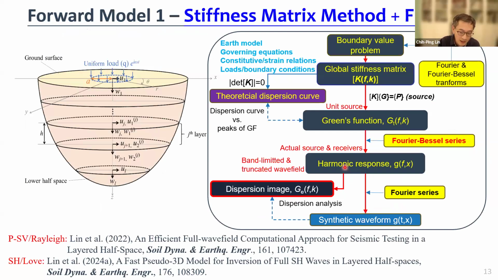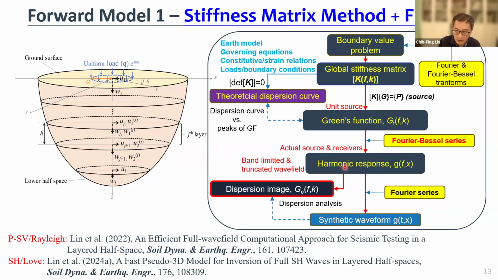It's already a very classical problem, but we want to re-examine it, because if we want to take advantage of the full wave field, the actual dynamic response, instead of just the normal modes, fundamental mode or higher modes, we need a very efficient forward modeling.